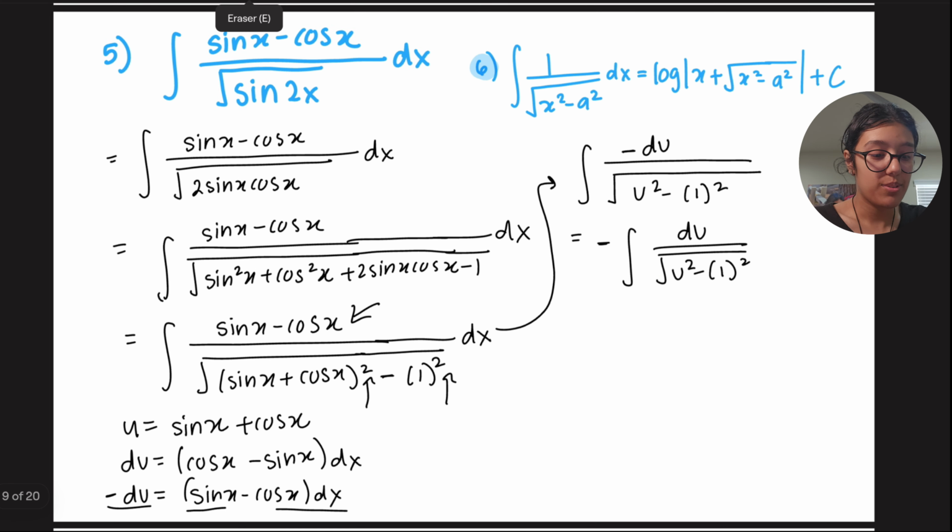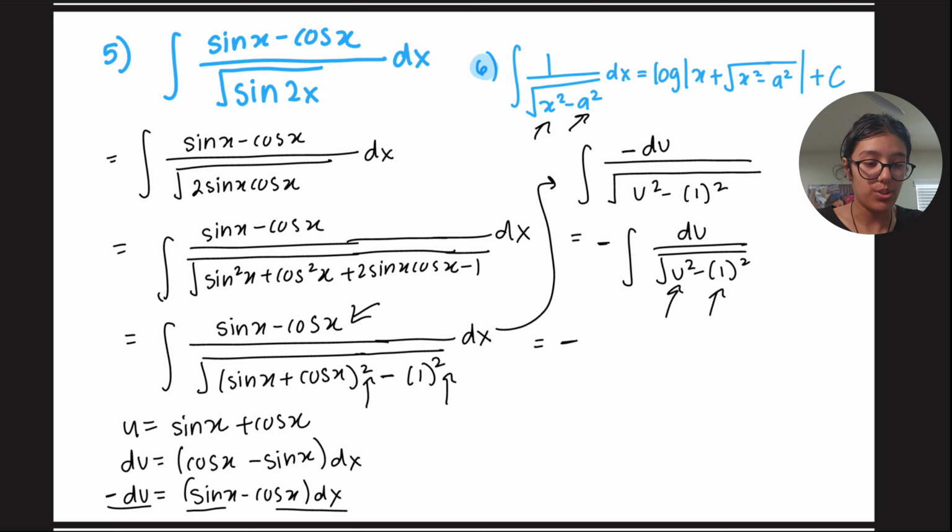And hence we can use our sixth formula, which is integration of 1 over square root of x squared minus a squared. And that is exactly the format we have over here. And that is equal to log of this whole thing. So I know that a in this case is equal to 1 and x in this case is equal to u, right? So I'm just going to replace it on the right side.